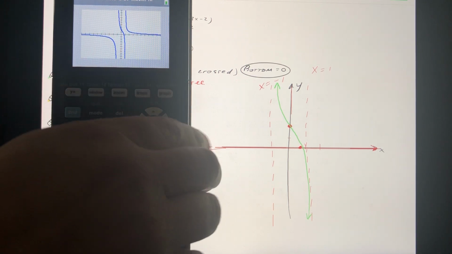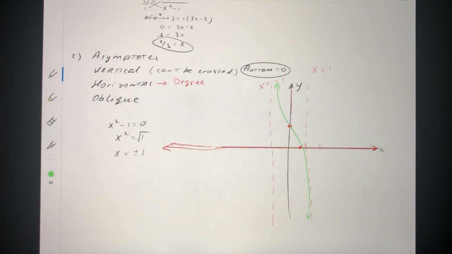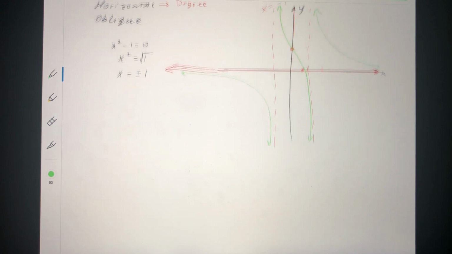That's what the graph looks like, so we can fill in the other two components on the bottom, going like this, and then on the top, on the right hand side. And that's a sketch. This is how to make a sketch of a rational function.